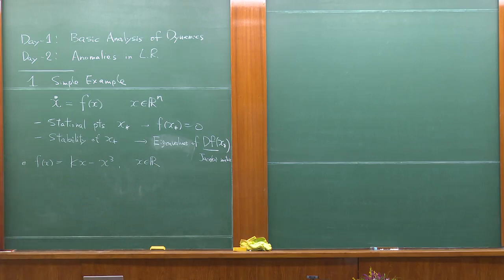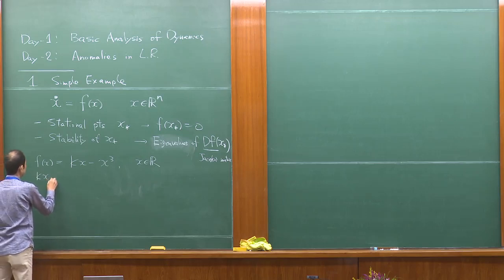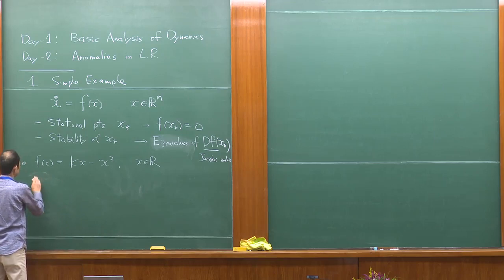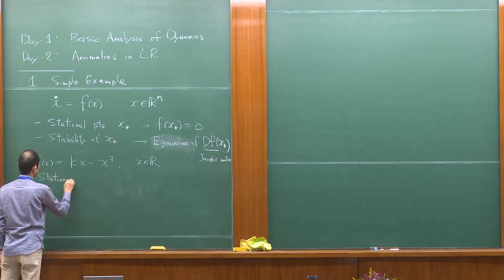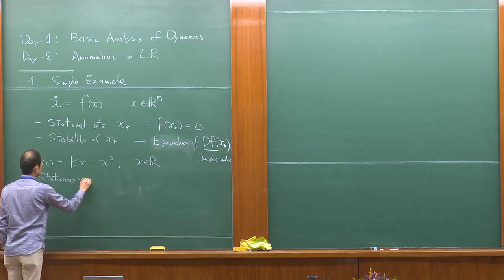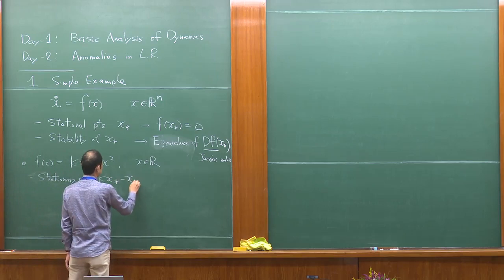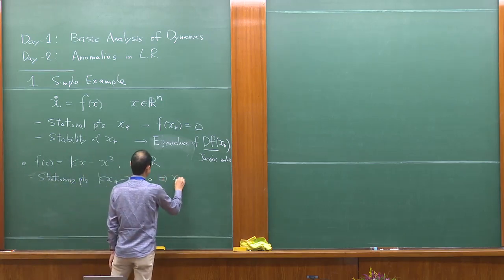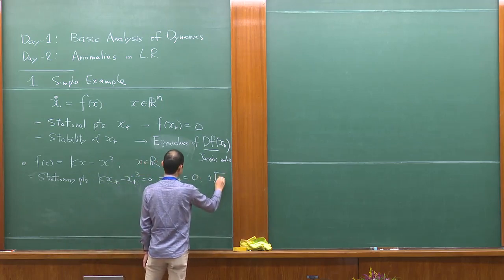In this case, where is the stationary point? Very easy. We have to solve for the stationary point: k x star minus x star cubed equals 0. So it means x star is 0 or plus minus square root k.